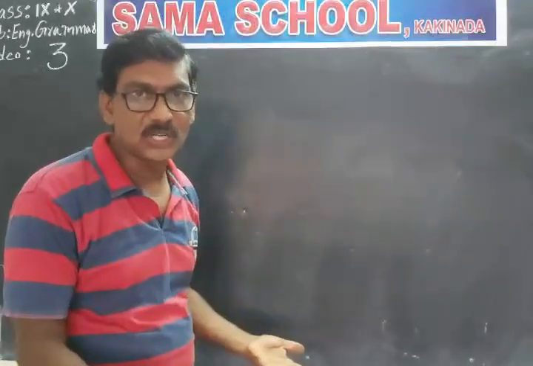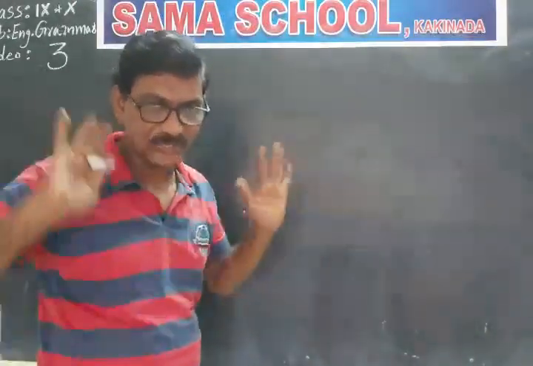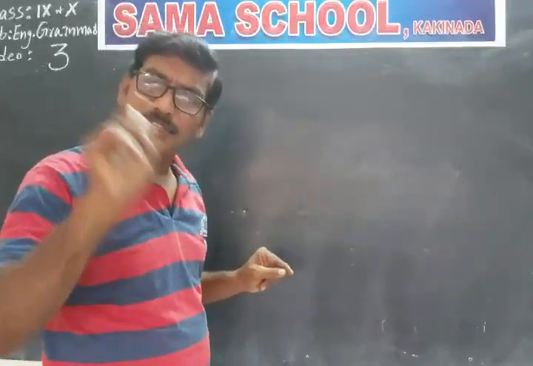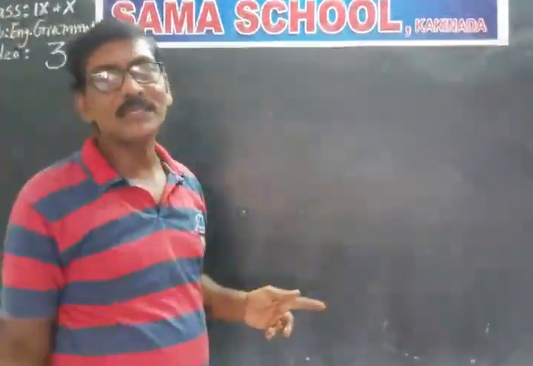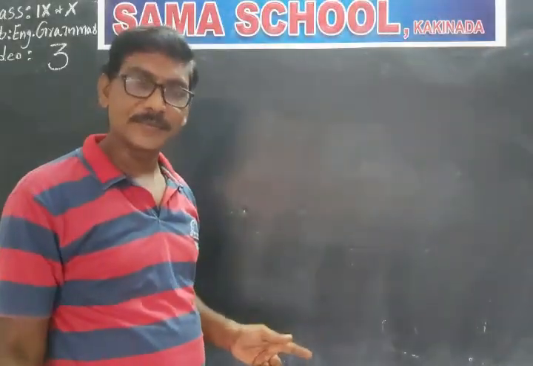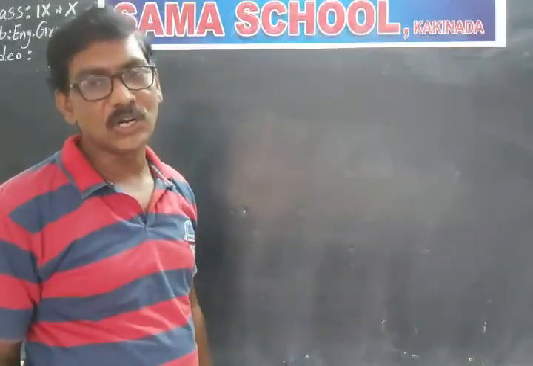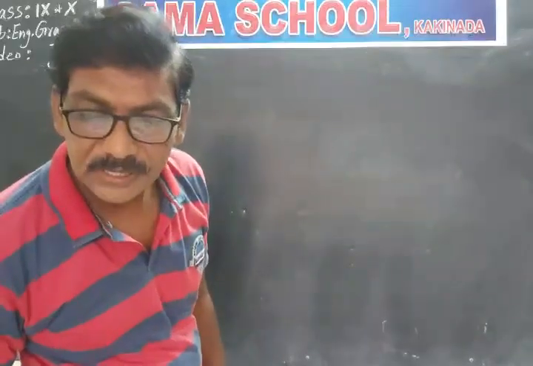Let me explain what a clause is. A clause is nothing but a group of words with a subject and a verb, and it is combined with some other sentence. There are two types of clauses. What are those two types?